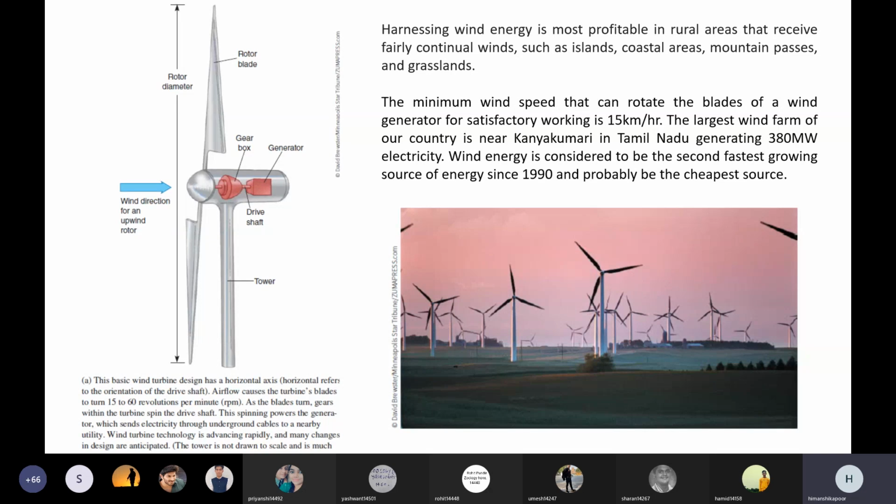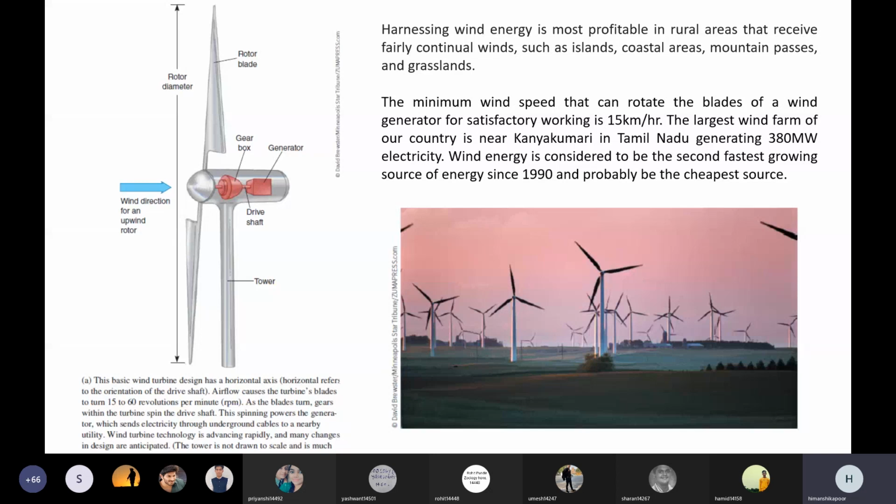So you have to have a certain speed of the wind with which you can rotate this blade. And it is said that the minimum wind speed which is able to rotate this blade is 15 kilometer per hour. So that much wind speed is a must if you want your windmill to work properly.